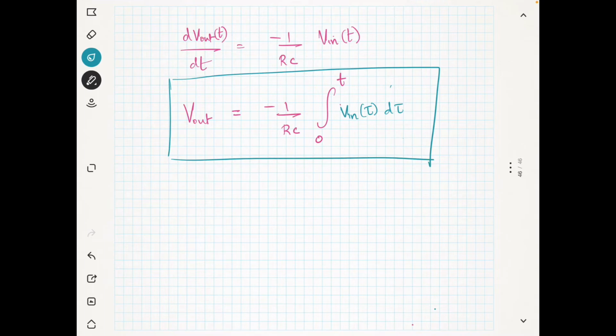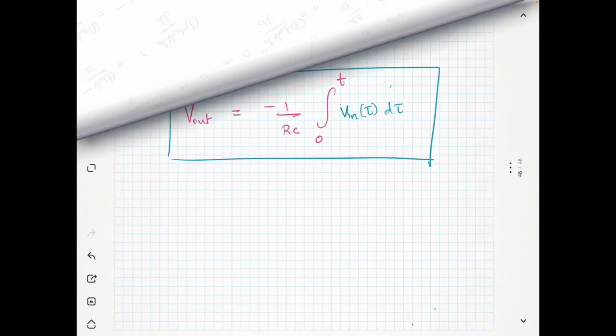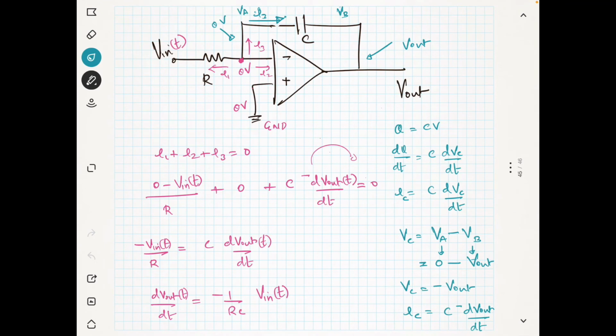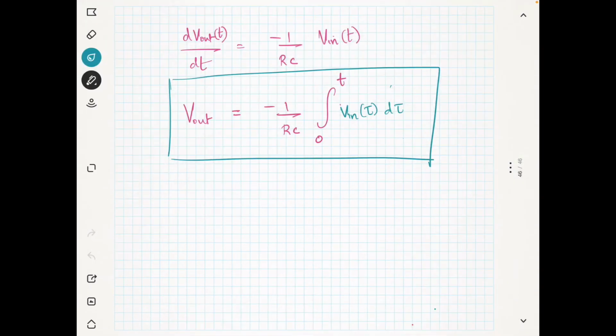Okay, now this is my output actually for the integrator. Now you know that, okay, fine, this is good. Now you see here, we will do one problem. After that I will give you some more examples.